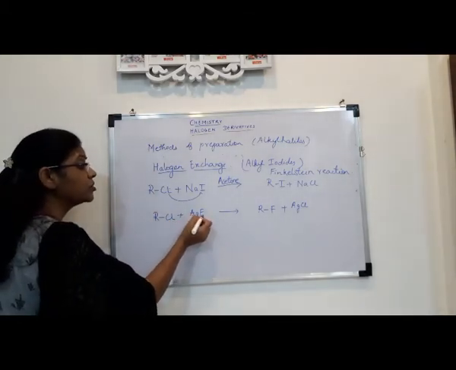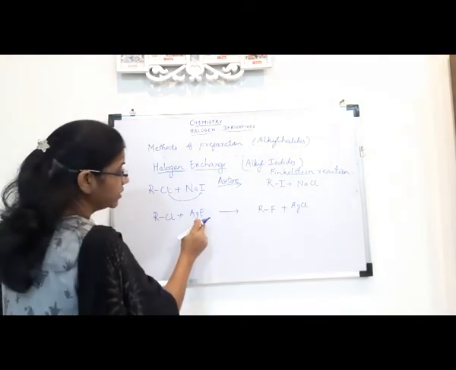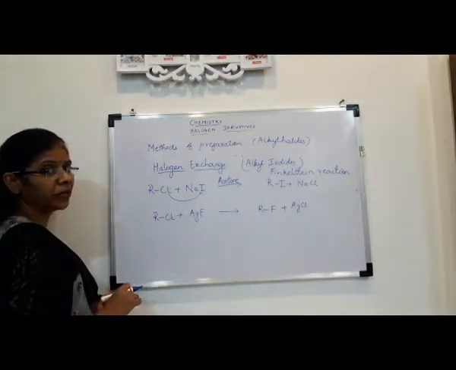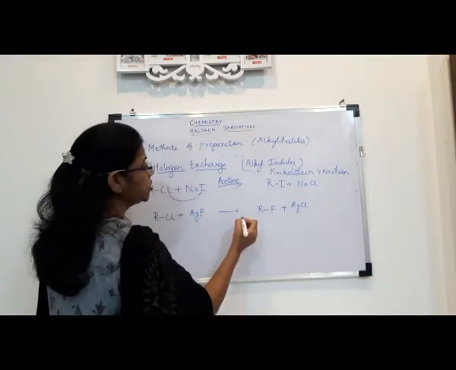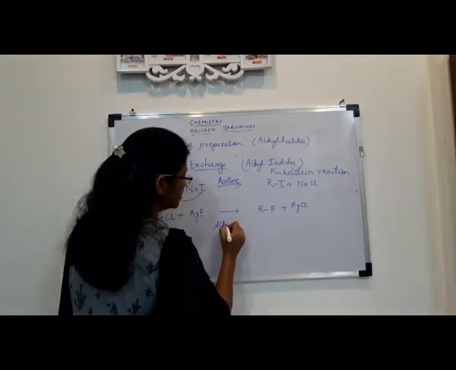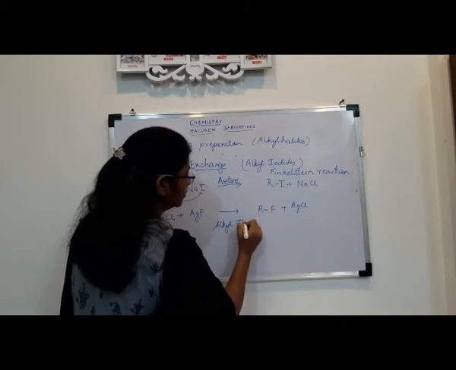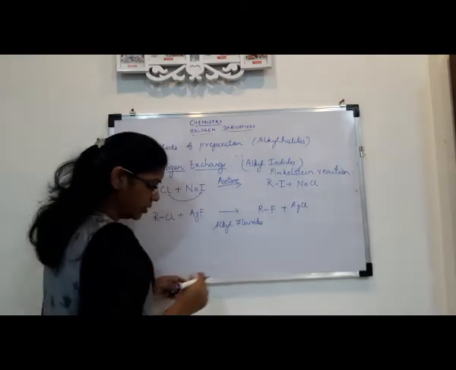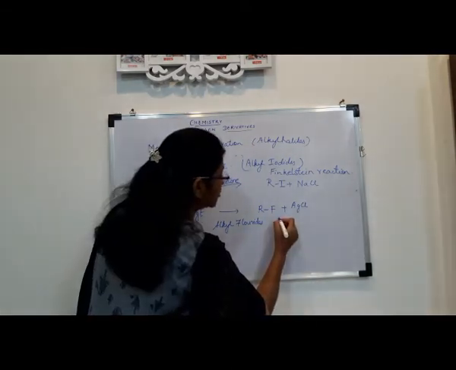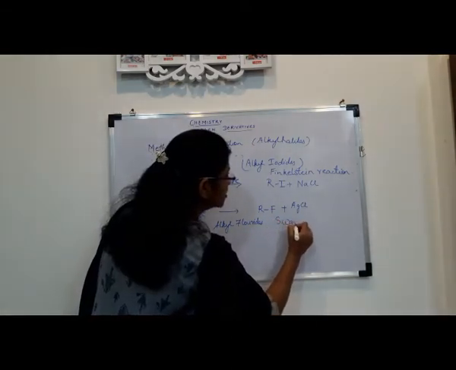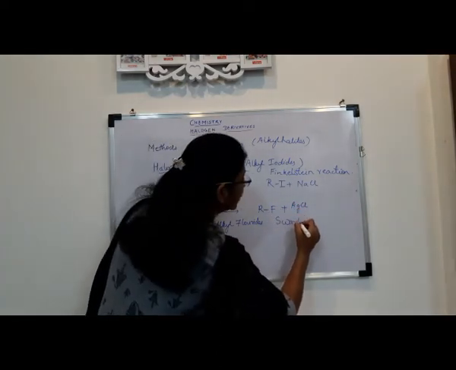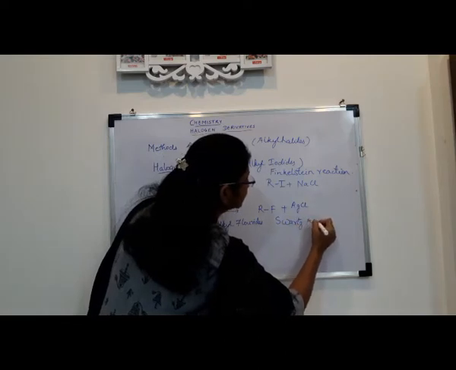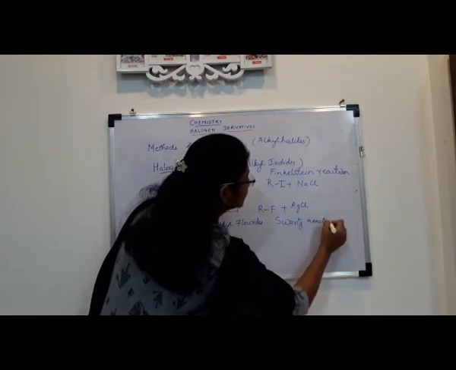Now see, usually you do not get fluorides, but this method is giving you the preparation of an alkyl fluoride. And this method for the preparation of alkyl fluorides is known as Swartz reaction. Got my point?